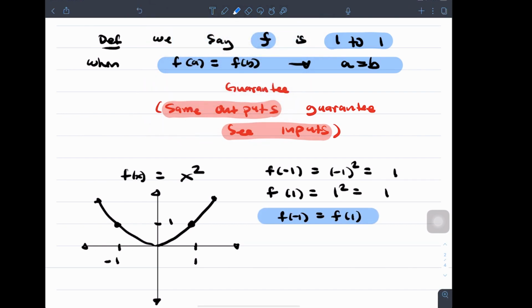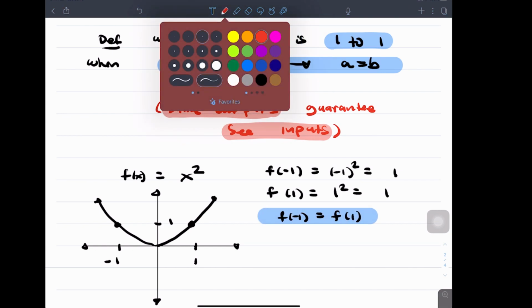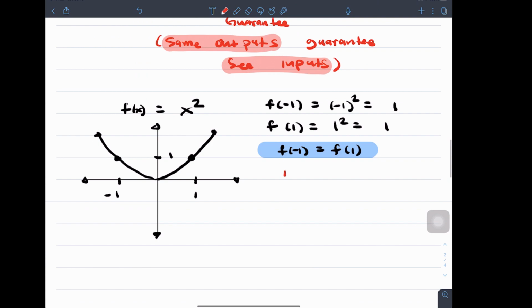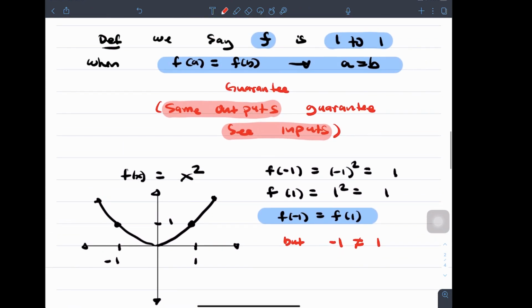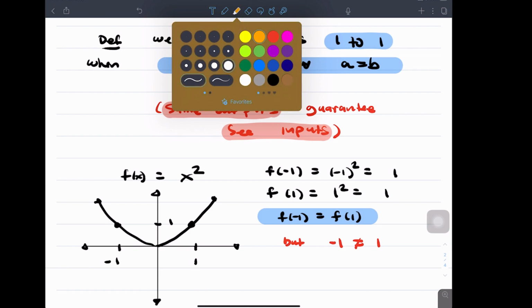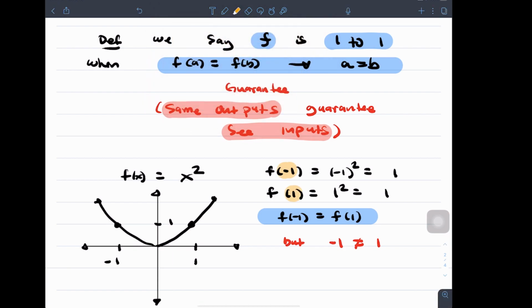Okay, so I have this situation, but what's the problem? Negative 1 is not 1. In other words, same outputs do not guarantee same inputs. Because these were the input values, if you guys remember that.